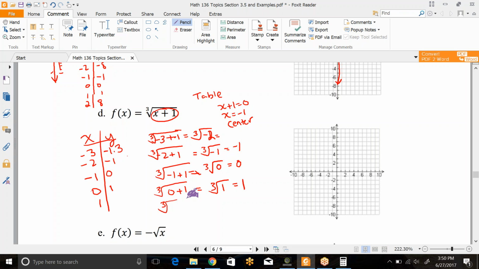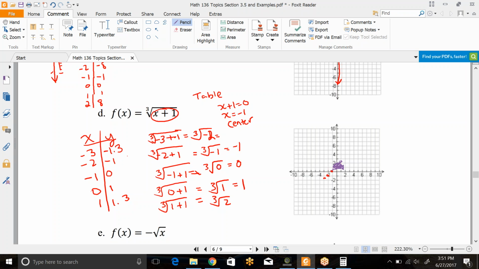And then we get cubed root of 1 plus 1, which is cubed root of 2, which is going to be +1.3. Okay, so we're going to plot these. So -3, -1.3, -2, -1, -1, 0, 0, 1, and 1, 1.3.